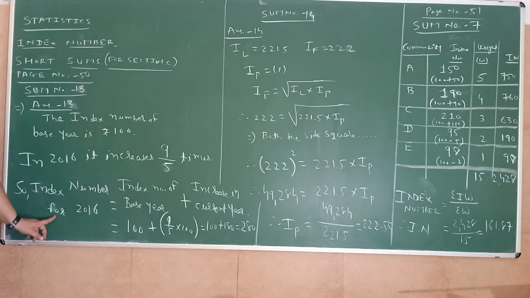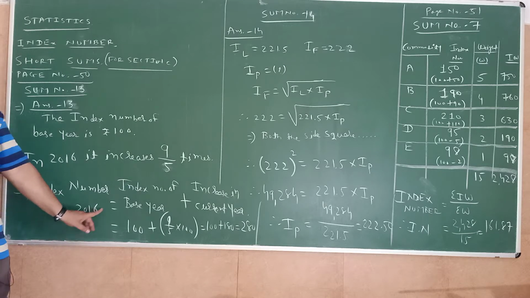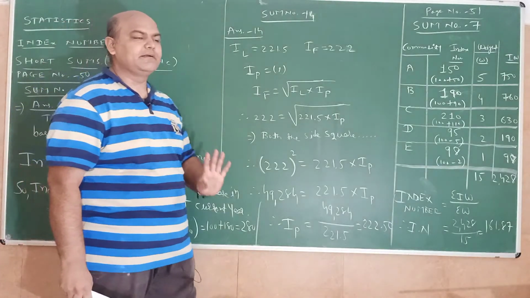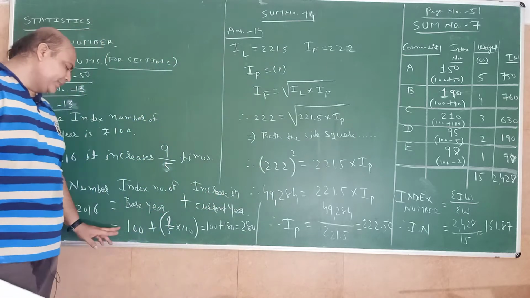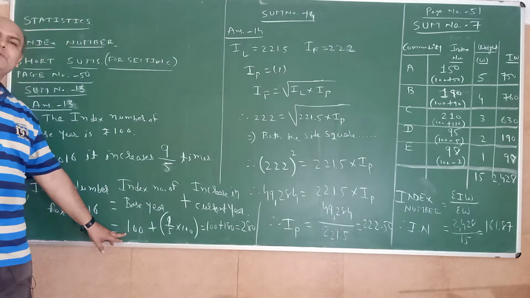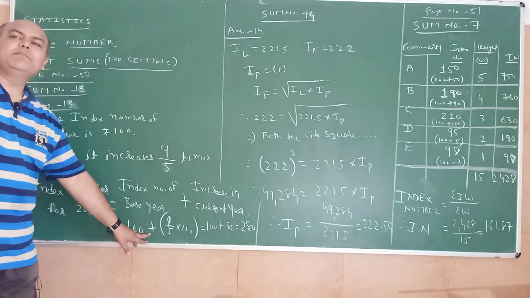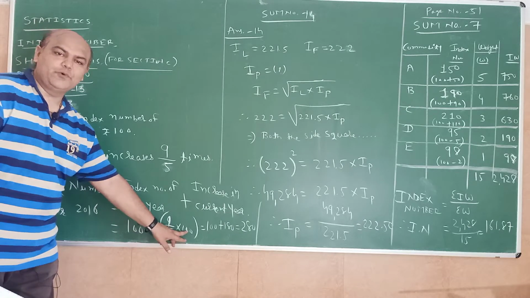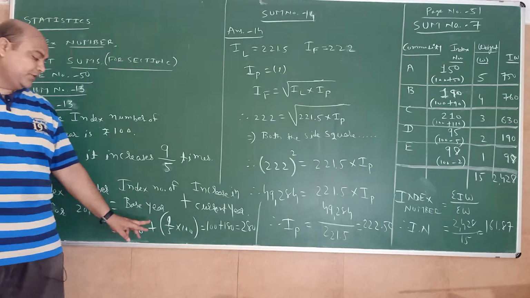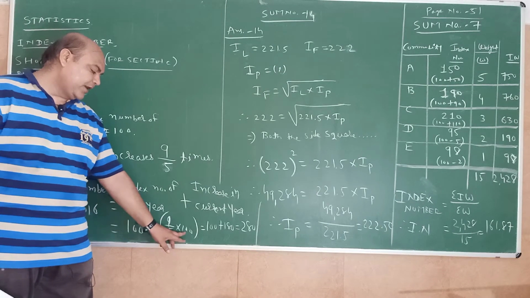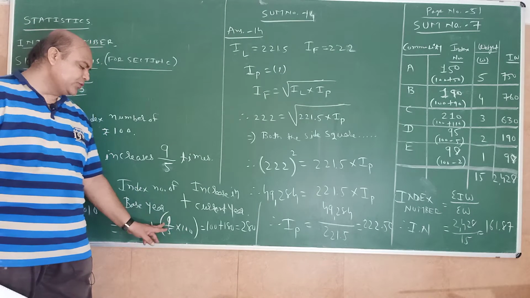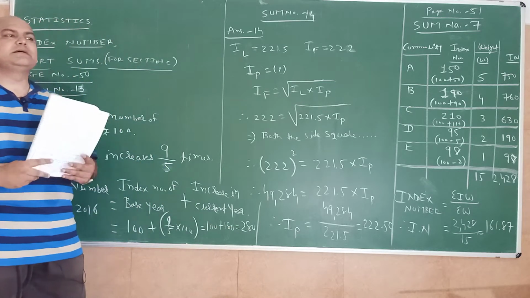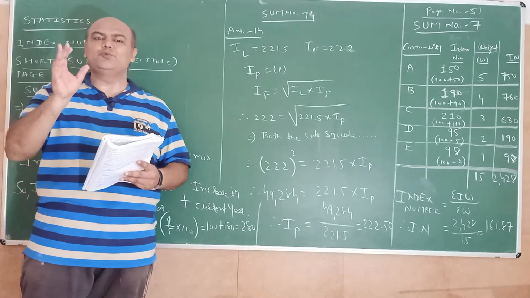So index number for the year 2016 is index number of base year plus increase in current year. Now index number of base year is 100, that is 100 plus 9/5 times increase. So 9/5 into 100, 100 into 9/5. When we do 100 into 9/5, 5 20s are 100, 20 into 9, that is 180. So 100 plus 180, final answer is 280, that is 280.